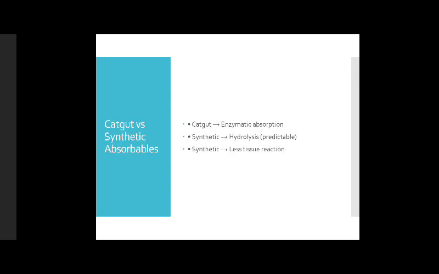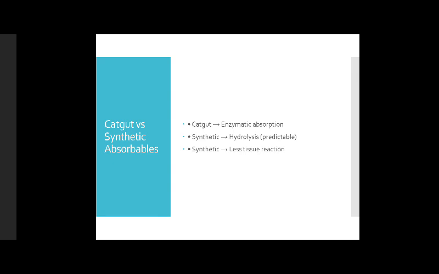Now, catgut versus synthetic absorbables. Catgut is absorbed by enzymatic absorption, but synthetic sutures are absorbed by hydrolysis. It is predictable, and synthetic sutures have very little tissue reaction.